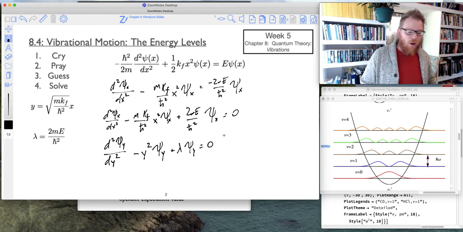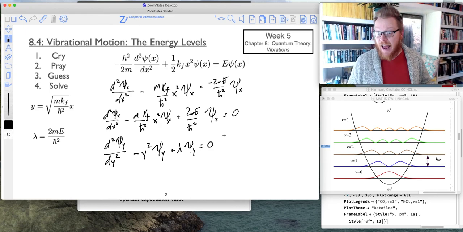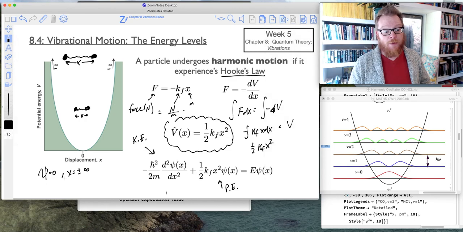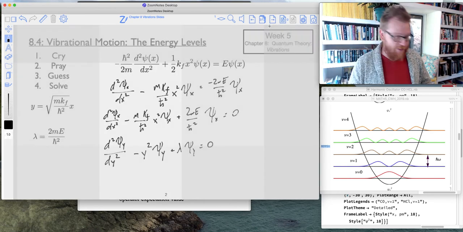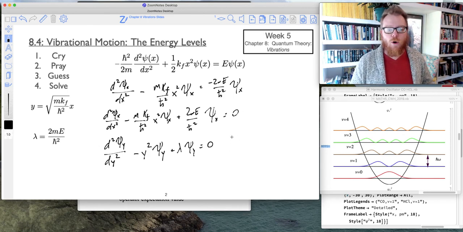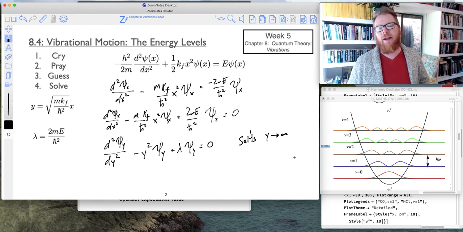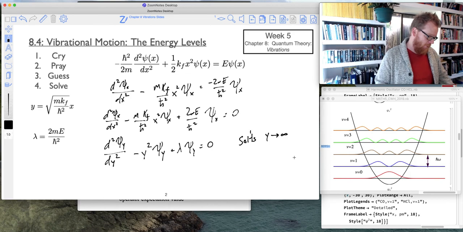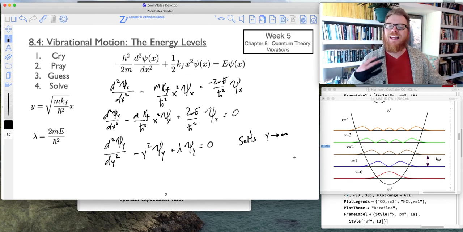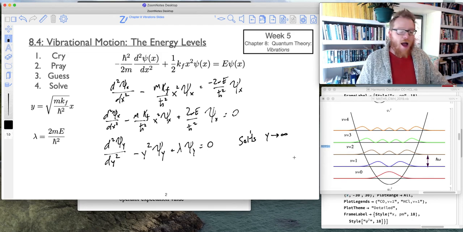And of course, what we also need to build in is that asymptotic relationship we talked about, right? As psi approaches 0, as x approaches plus or minus infinity. So we're going to need to have solutions for y approaching infinity, okay? And so what that means is we need some type of asymptotic relationship. And this is the point where we could go through our normal guess-and-solve methods, right?